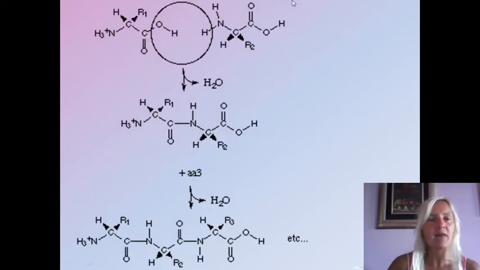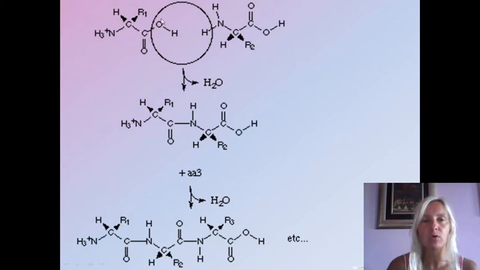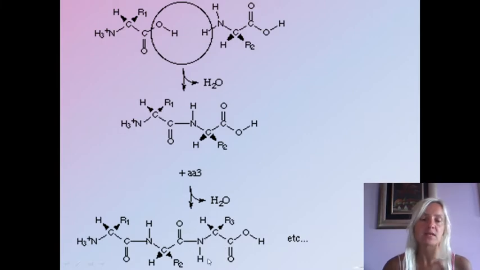So here we have the same thing, just represented in a little bit different way. The OH group from the COOH group and H from the NH2 group combine to form water, and the rest of the molecule tends to form a peptide bond, and you can continue the sequence, adding a third amino acid, reacting in the same way, OH from the COOH and H from the NH2, forming one more peptide bond, thus forming a larger molecule, and you can continue the sequence.